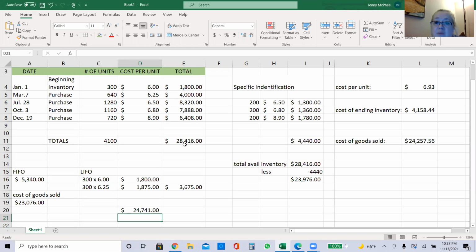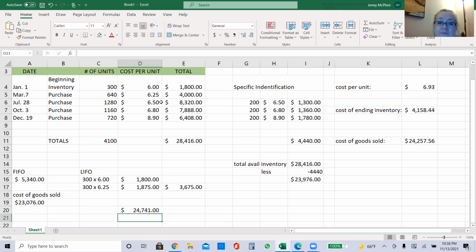And the only tricky parts really are weighted average, where we do it by the cost per unit. Specific identification, we use the last three. The problem was specific, 200 from each unit, so we use that. The LIFO, we take the last and go backwards.